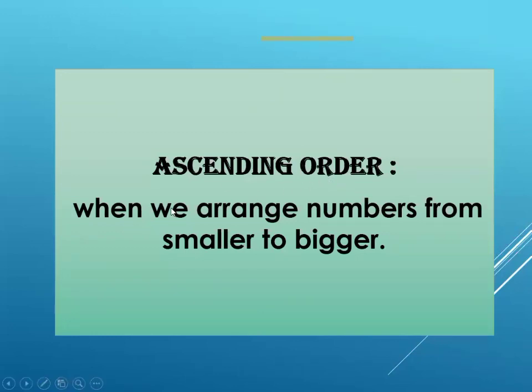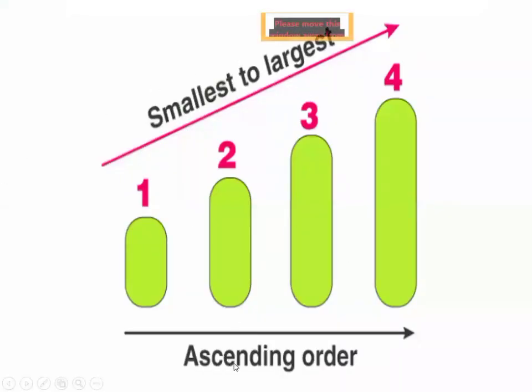In ascending order, we arrange numbers from smaller to bigger. We start with the smaller number and end with the bigger number. You can see in this picture, in ascending order, we start with the smaller number and end with the larger number.